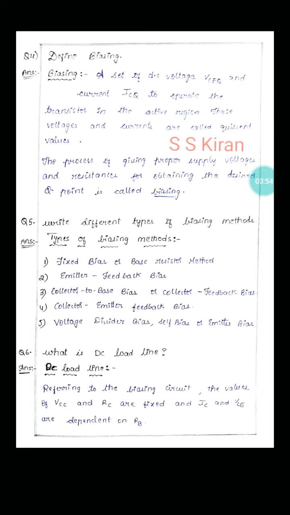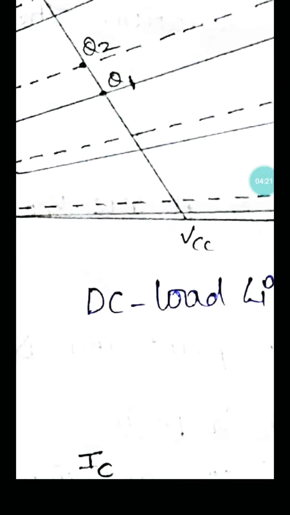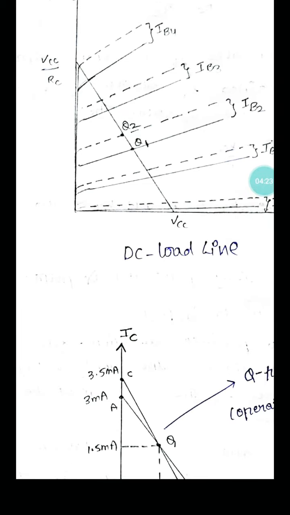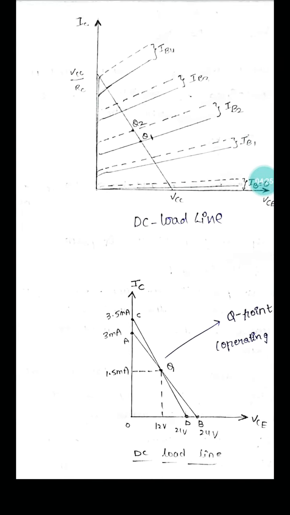Already I have discussed. The process of giving proper power supply voltages and resistance for establishing the desired Q point is called biasing. Why is it called the process of giving proper supplies? Here this is the Q point. You can vary the VCC value and IC value at different values of input current, that is equal to IB2.